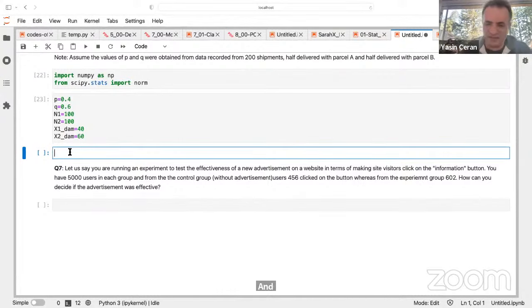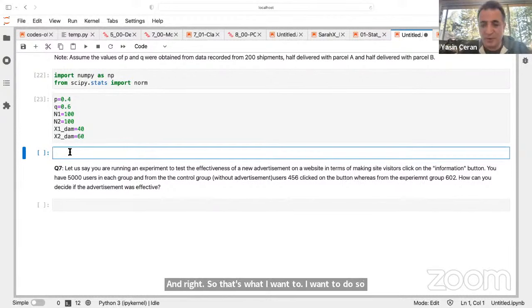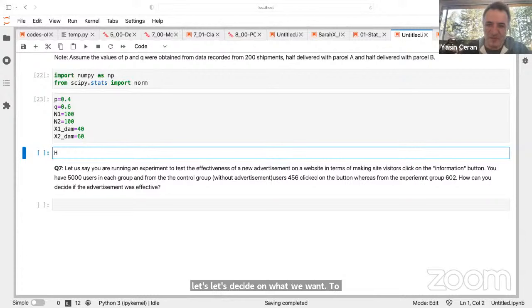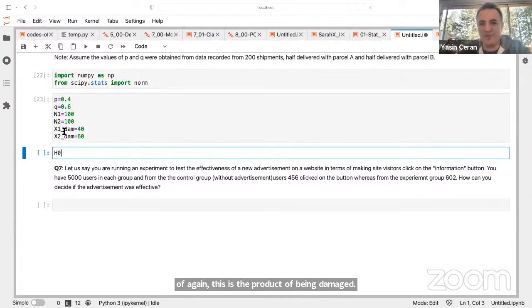So let's decide what we want to test. It's up to us how we decide, but it looks like P is the probability of being damaged.